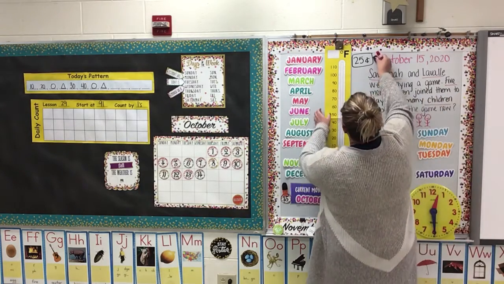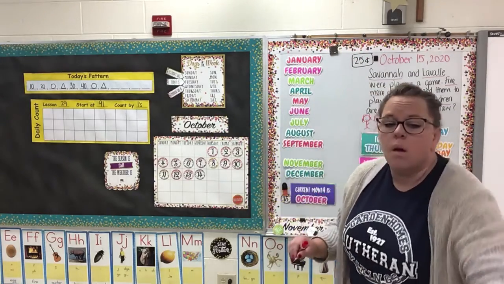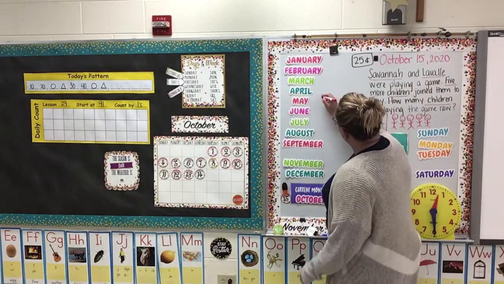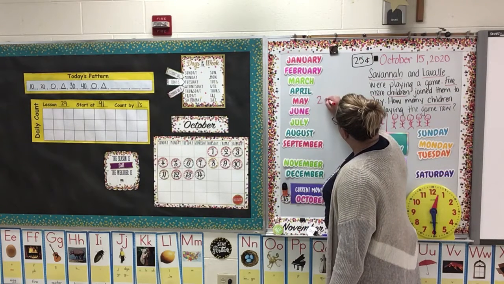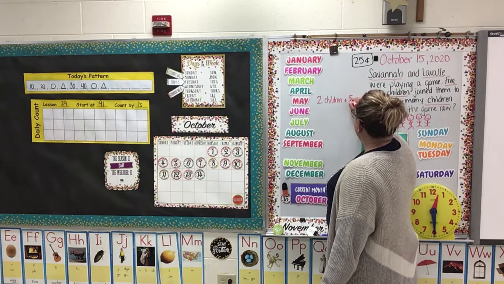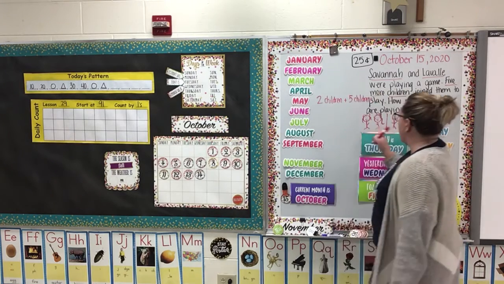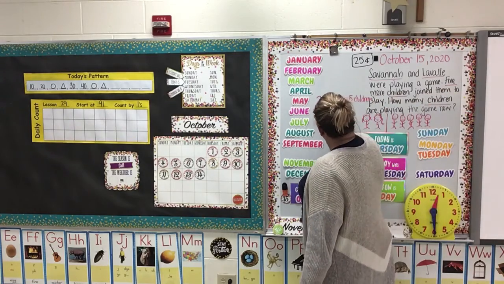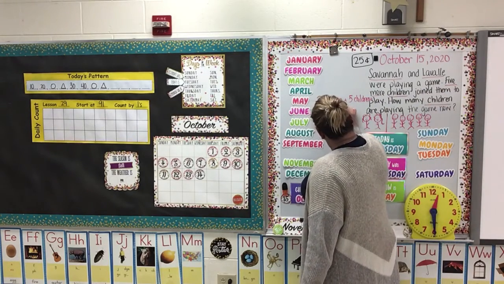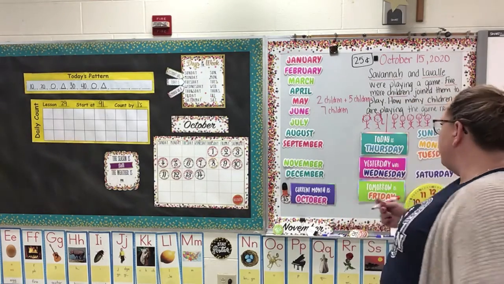Okay, so how am I going to write that? Well, we started with 2. Then we added 5 more. And now we had a total of 7 children. 2 children plus 5 children equals 7 children.